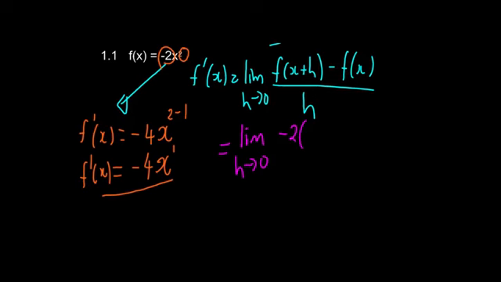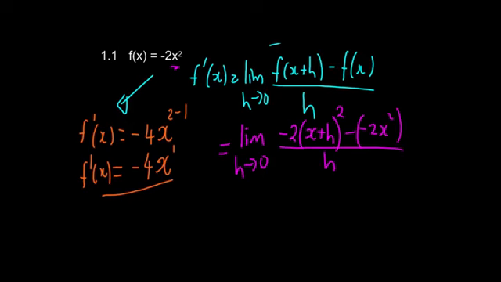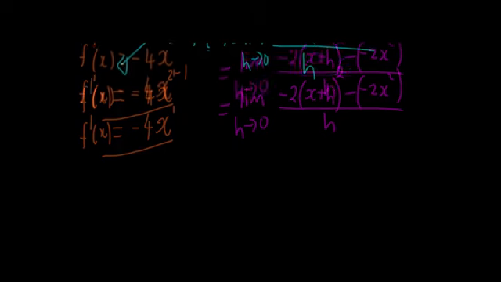There is x there, so in the place of x, I'm going to sub in x plus h, and then I will square that because you've got a 2 there as your exponent, minus. Now, guys, remember to put a bracket here, minus your f of x, that is minus 2x squared, all over h. Right, so now we move on.